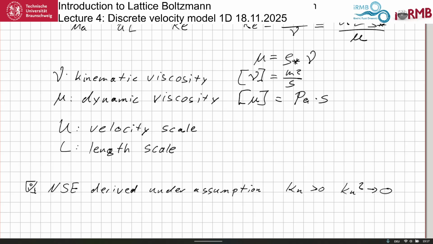So we have a cutoff at Knudsen number squared, meaning that all of this works only for a finite Knudsen number, because otherwise we end up in the Euler equation, which behaves differently from the Navier-Stokes equation. It's small, but it's finite.